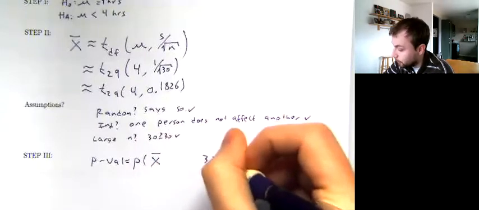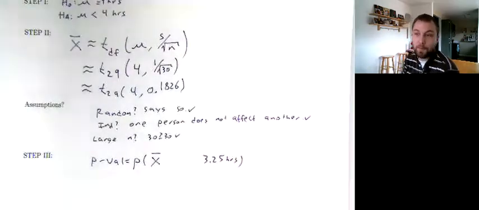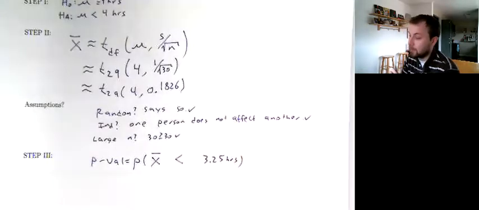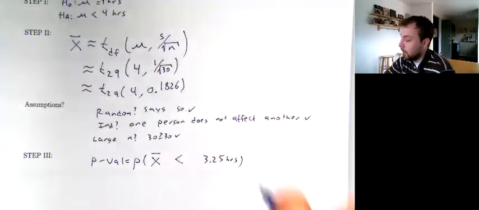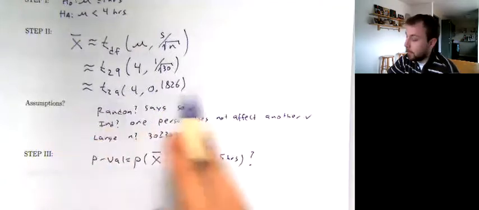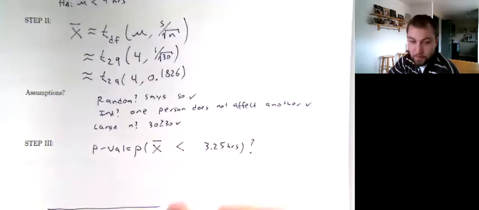This is where that 3.25 hours comes in. Or more extreme, in this case, we were testing that it lasts less, so I have a less than symbol, if the null hypothesis is true. So I'm going to try to answer this question if I base it off of the null hypothesis of 4 hours. So I'm going to draw my curve.